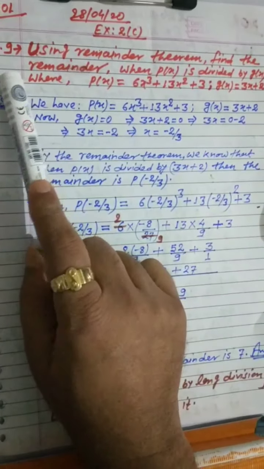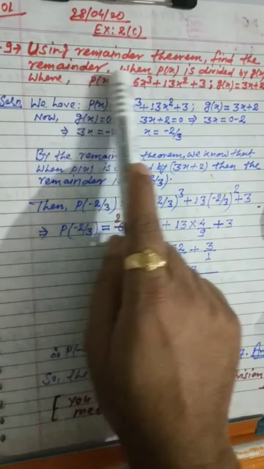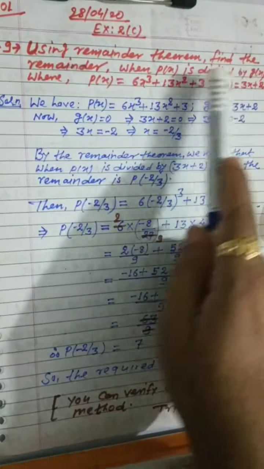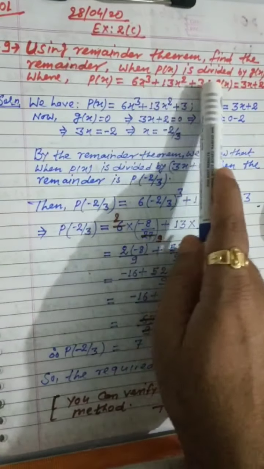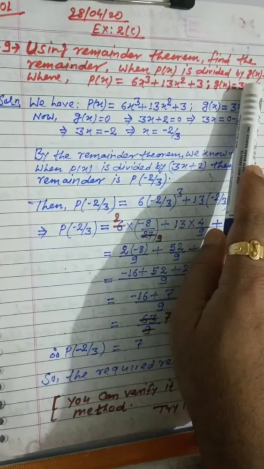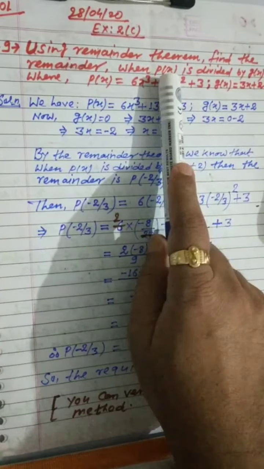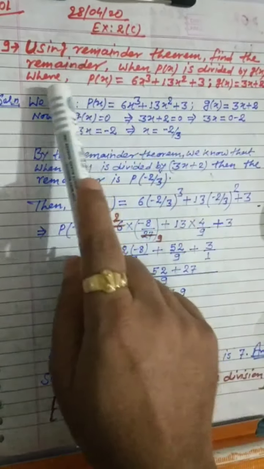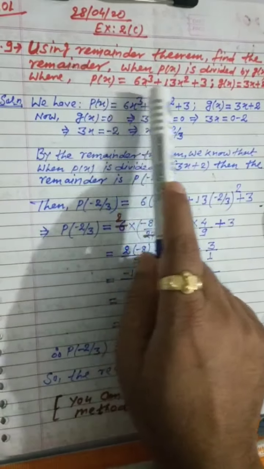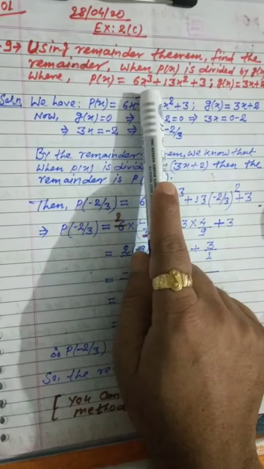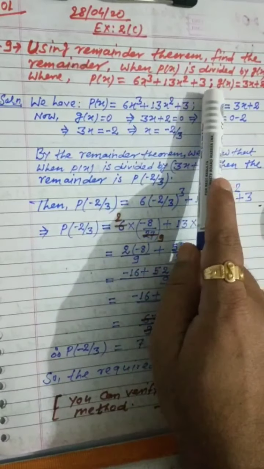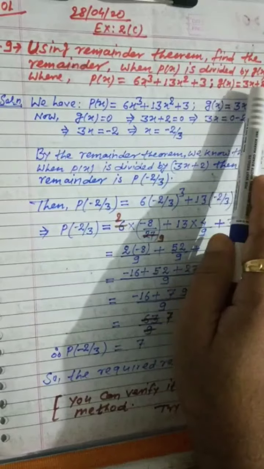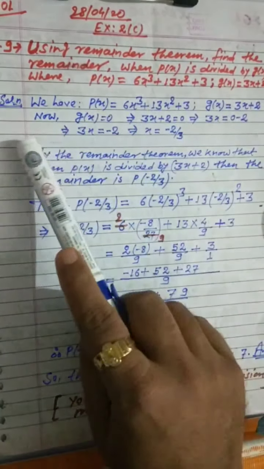The question is, using remainder theorem, find the remainder when p(x) is divided by g(x). p(x) is the dividend and g(x) is the divisor, where p(x) is equal to 6x cube plus 13x square plus 3 and g(x) is given as 3x plus 2.